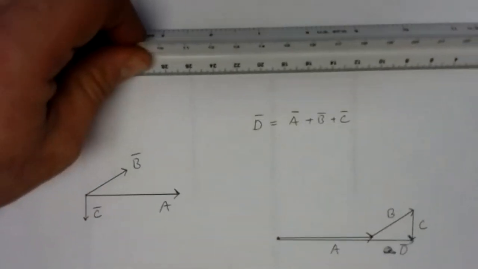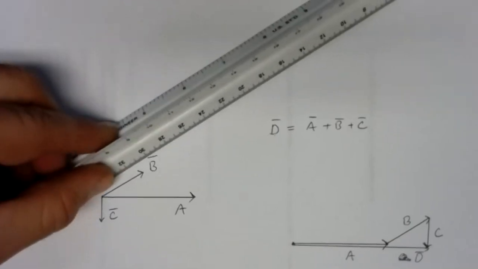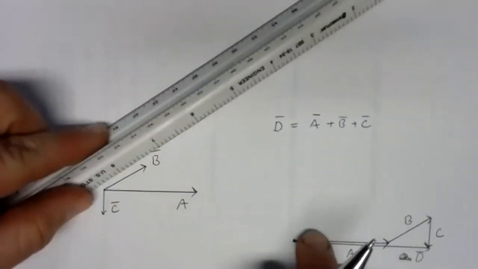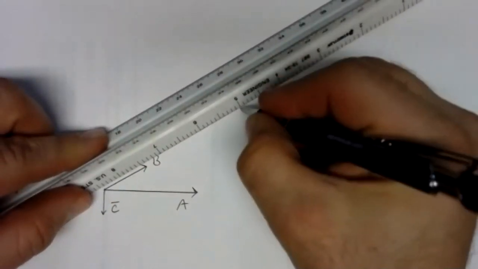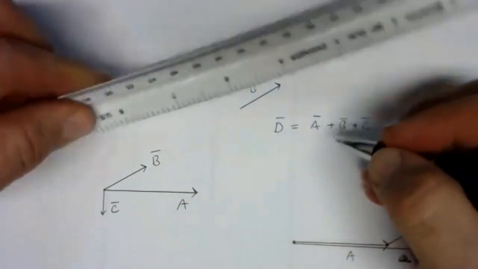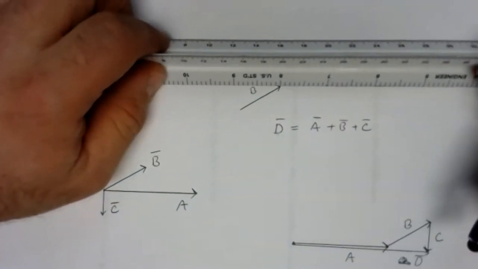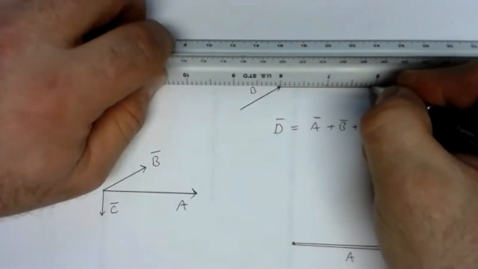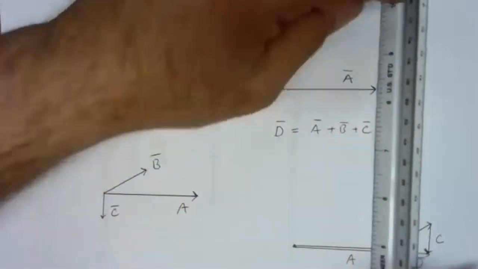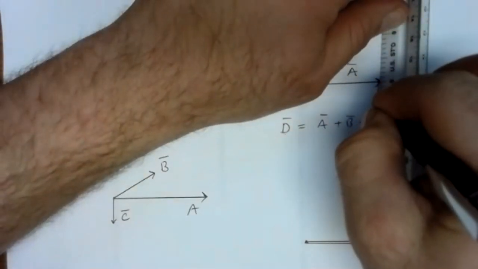So let's try it a little bit of a different way here. We'll take B first. If we do B first, then A, then C, maybe that arrangement will be a little nicer to look at.